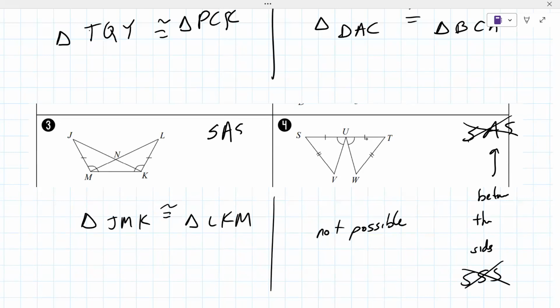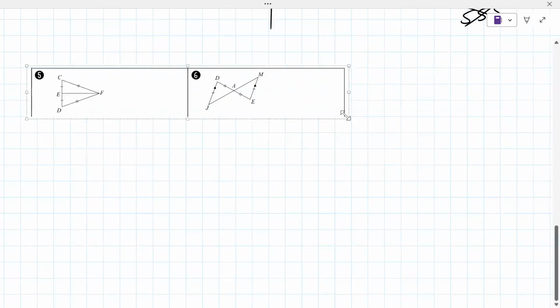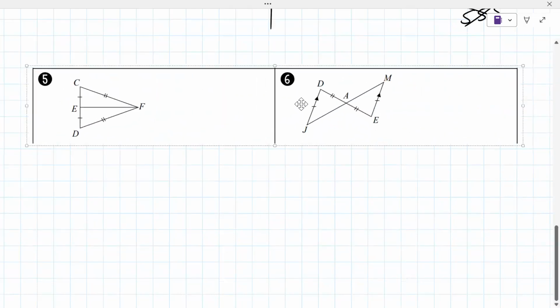If you read at the top, it says state whether the triangles can be proven congruent if possible. So they're not always possible. All right, let's look at number five.